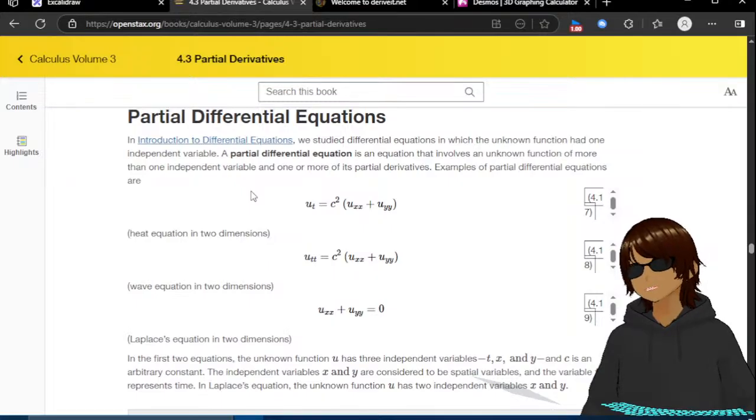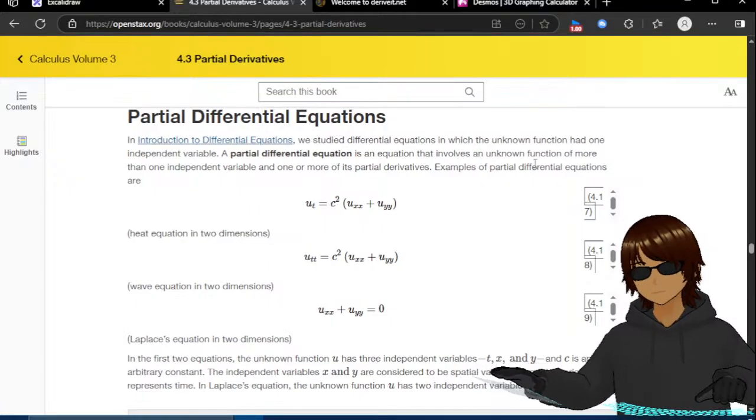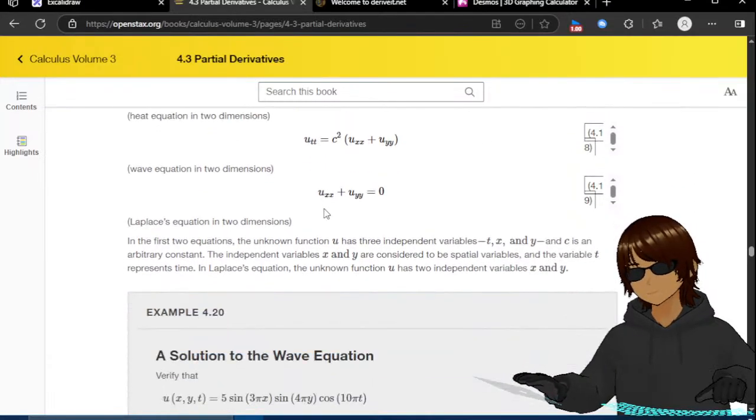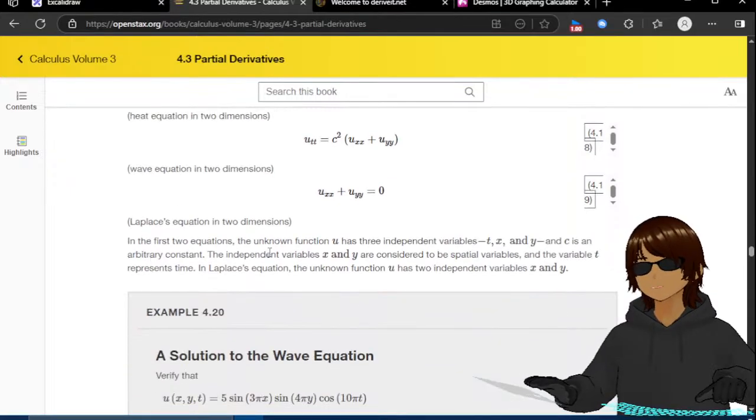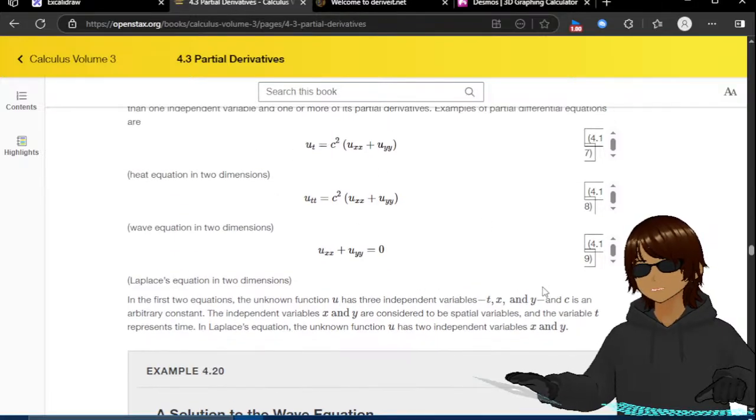Examples of partial differential equations are: u_t equals c squared times these two partial derivatives, then the wave equation, then Laplace's equation in two dimensions. In the first two equations, the unknown function u has three independent variables t, x, y, and c is an arbitrary constant.